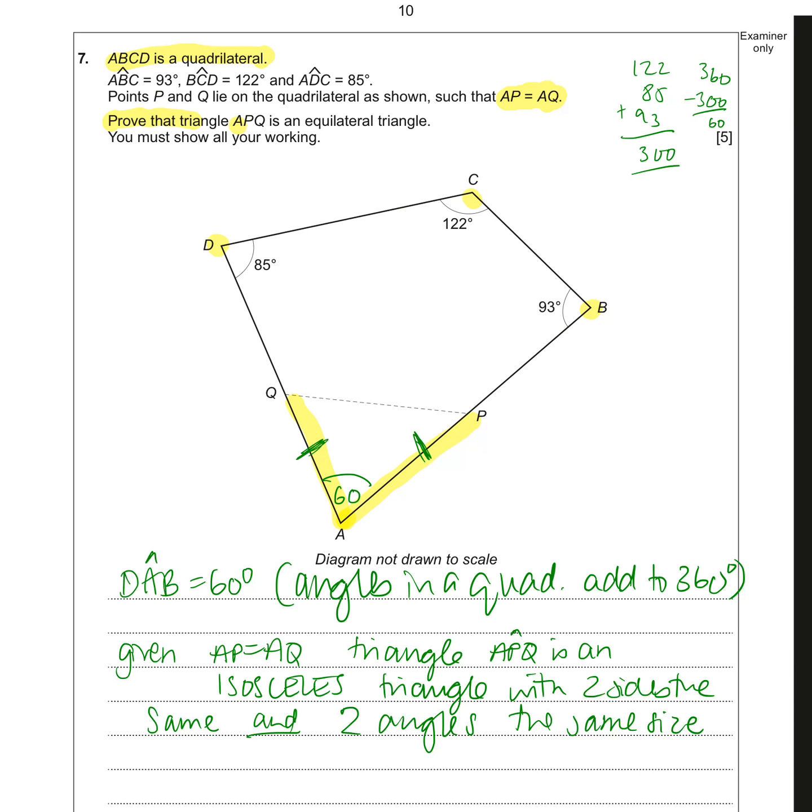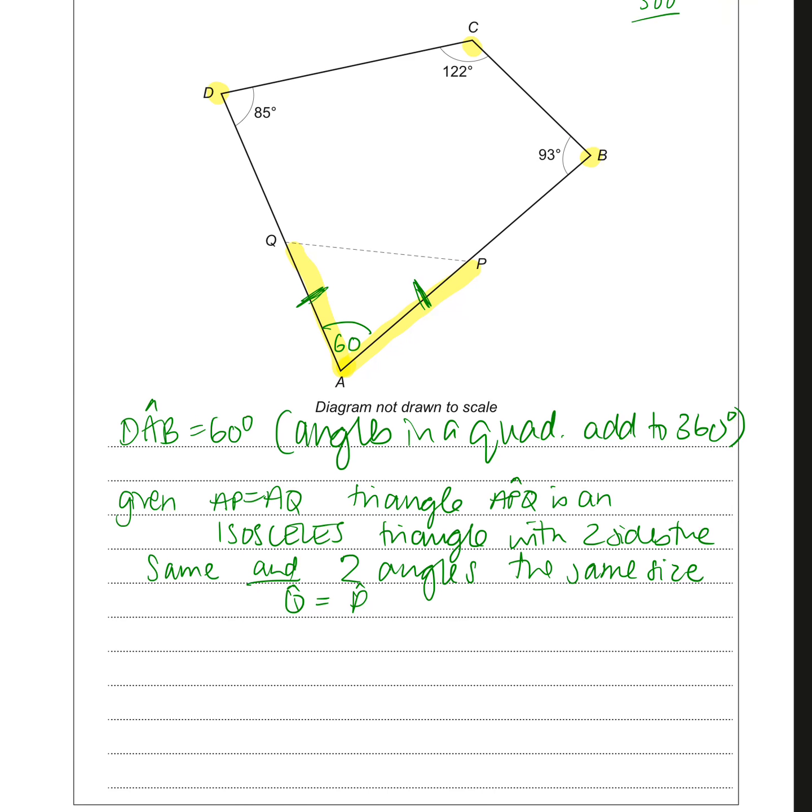And those two angles would be angle Q and angle P. So angle P and angle Q are identical. I haven't worked out what they are yet, but angle P and angle Q are identical. So I've proven that. I just need to prove how many degrees are in each corner.